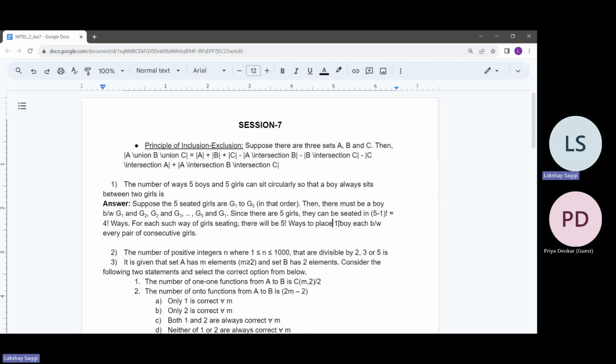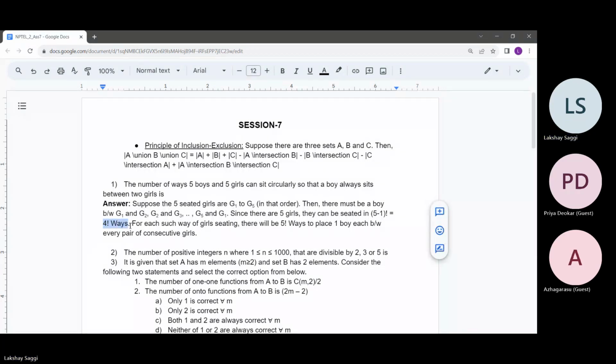This is what we need, right? So there are 4 factorial ways to seat the girls, and for each such girl seating, there will be 5 factorial ways to seat the boys.